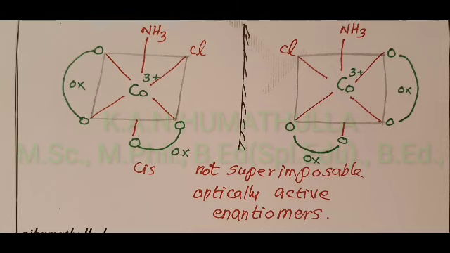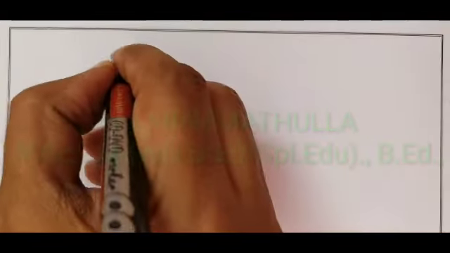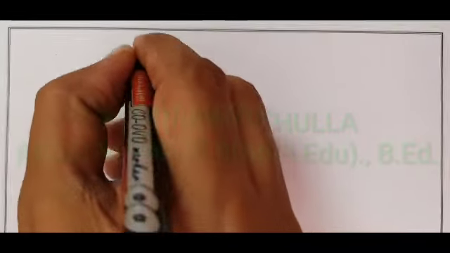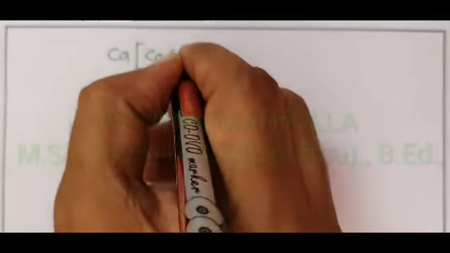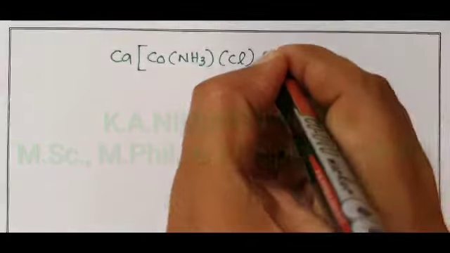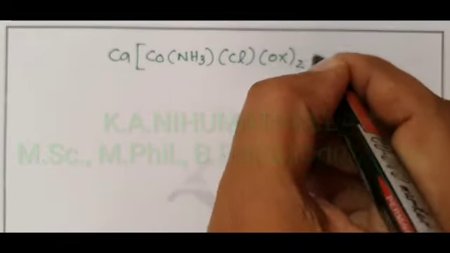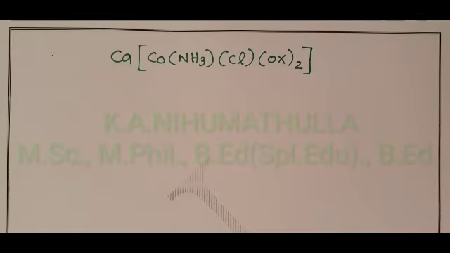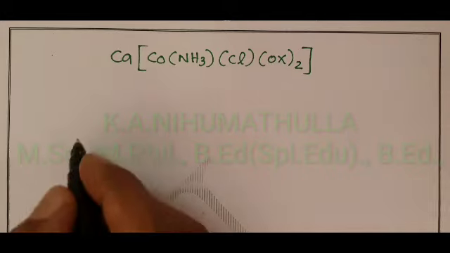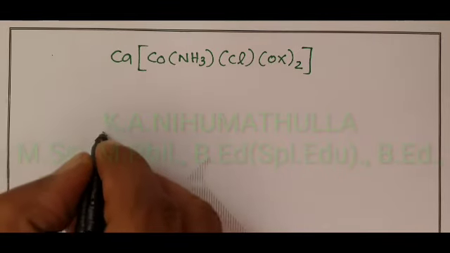Now, we are going to draw the trans isomer of this complex, Co, NH3, Cl, ox twice, and check whether it is optically active or not.